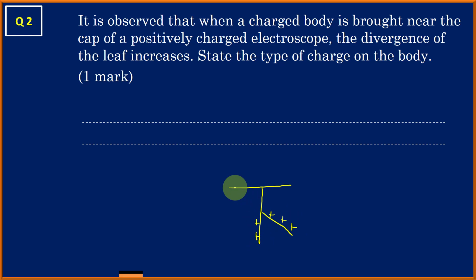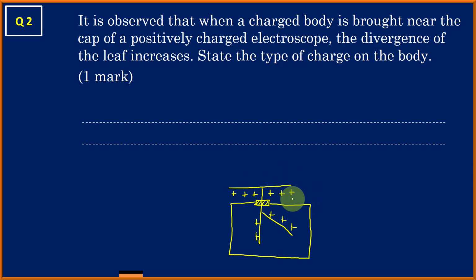When we say that a body is carrying a certain amount of charge, for example, this one carries a positive charge, it does not mean that the other charged particles don't exist. The particle which is responsible for making the body positively charged is the proton.